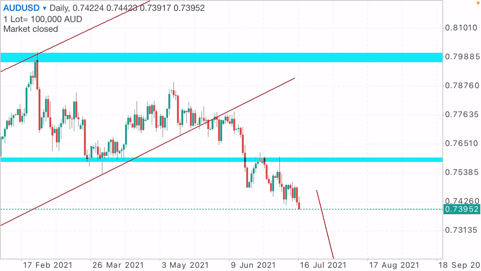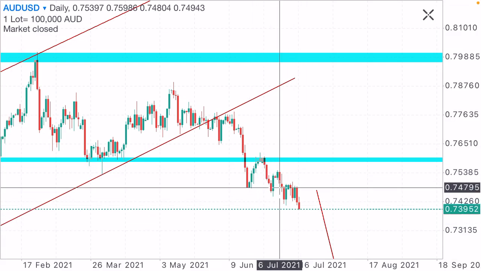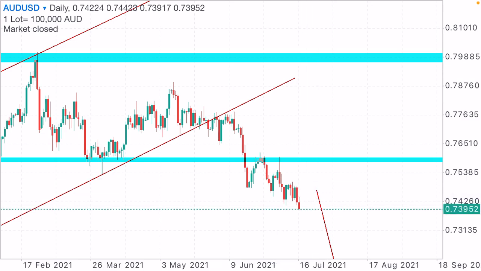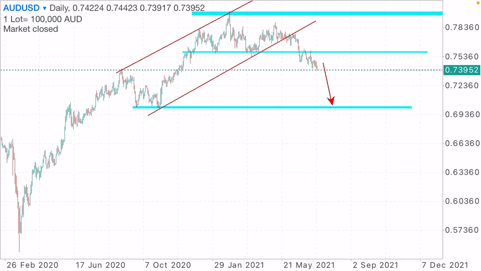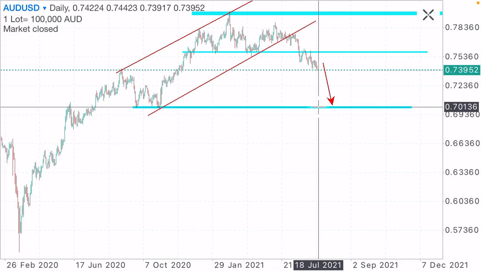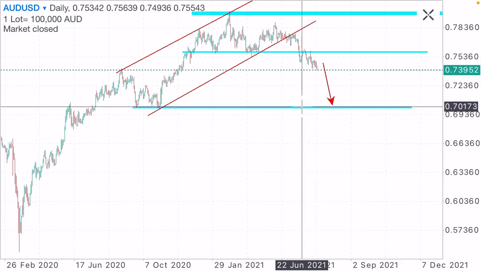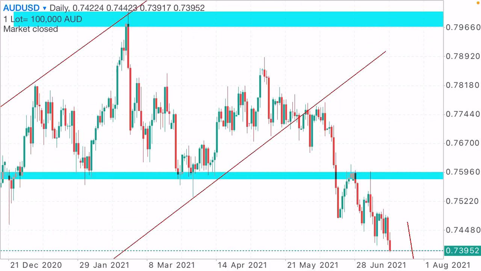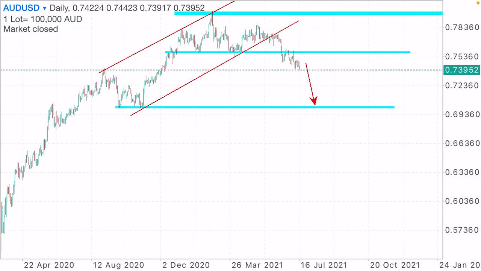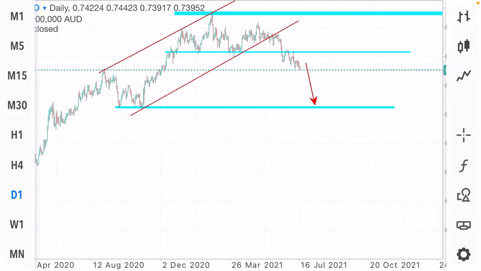So this momentum and this kind of rejection shows the strength of the sellers, and that's why we expect to see ODSD selling all the way to this level, 0.70. That's where we are expecting to exit this trade. We are aware that price might play around here, but the final destination is at that zone there.